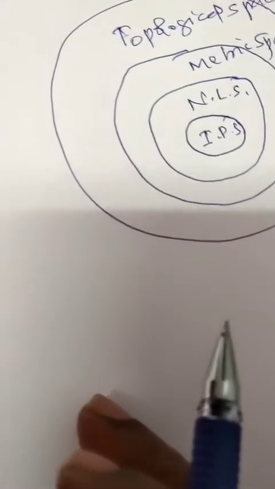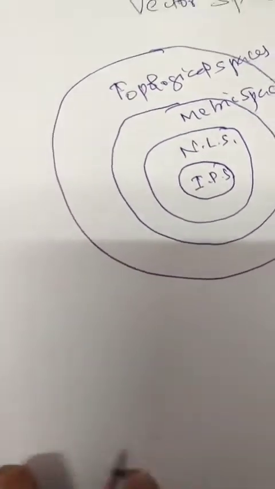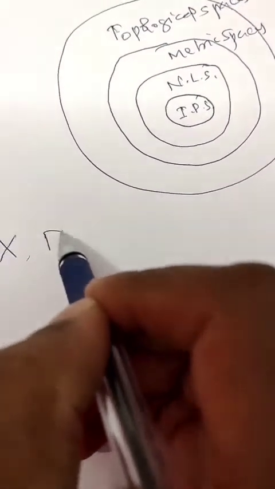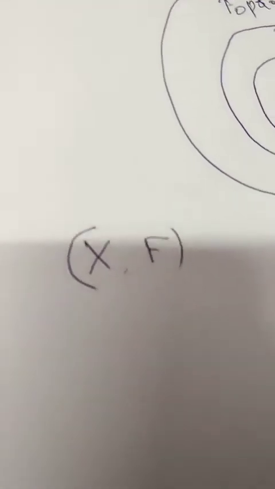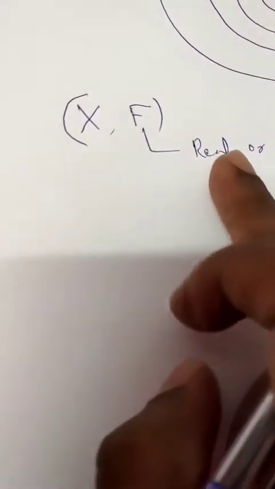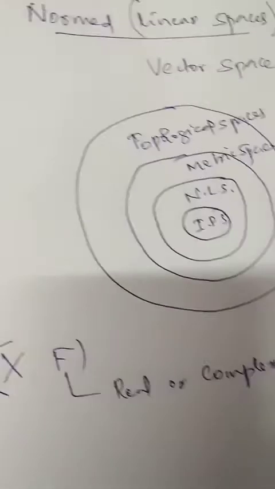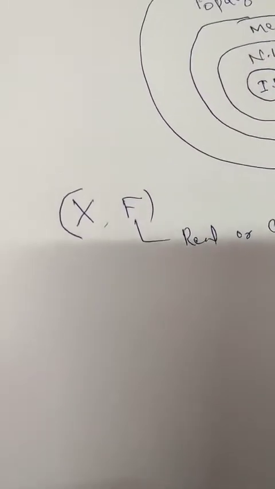As I said, a norm is a real valued function on the real linear space or vector space. Suppose you have a vector space. You know that a vector space is denoted by the symbol V or X. For convenience, suppose X is a vector space over the field F. F may be real or complex. If F is real, it is a real vector space; if F is complex, it becomes a complex vector space, as you know from your linear algebra classes.